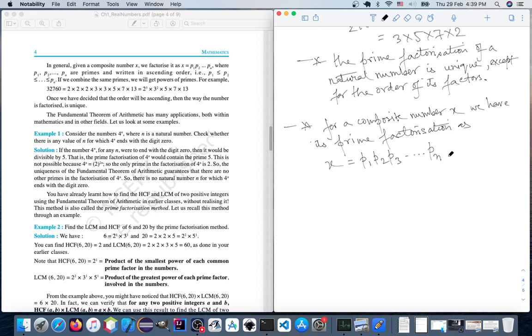So if the composite number x has n prime factors, which are p1, p2, p3, up to pn, where p1, p2, p3 up to pn are primes written in ascending order.